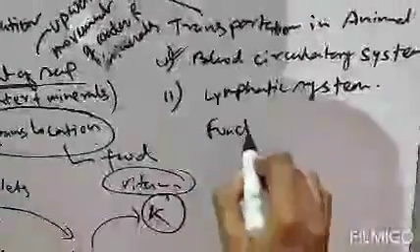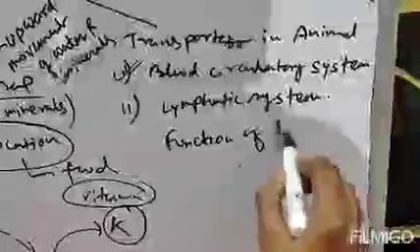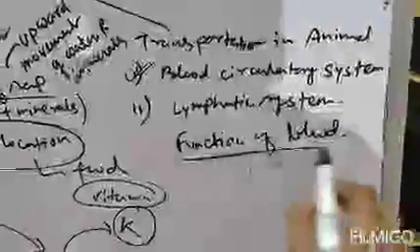If the question is what is the function of blood, see, the function of RBC, WBC and platelets, or even plasma, these are the blood parts. Clear? So if the question is asked, function of blood, we can write these functions, because this is the function of RBC, which is a part of blood.